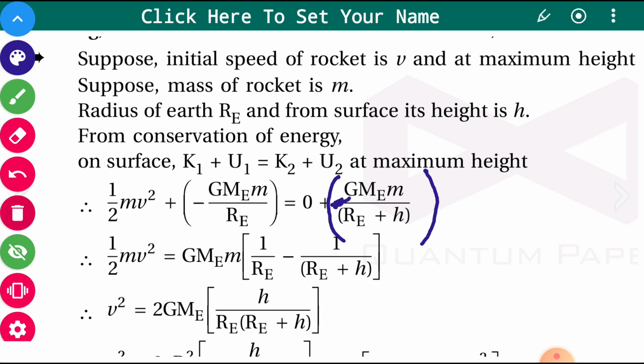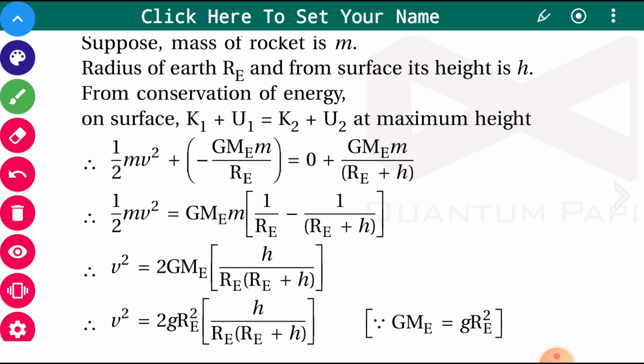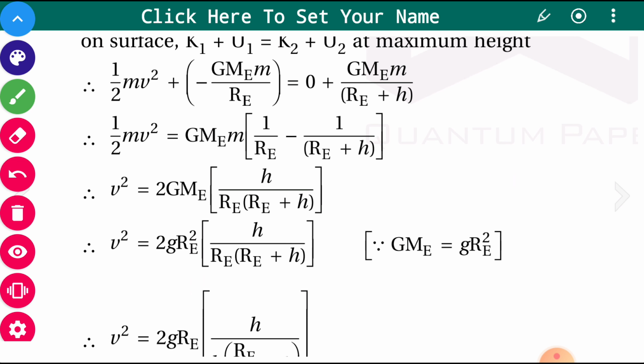Now, this term on the left hand side is taken to the right hand side and G M_E m is taken common. So it becomes 1/2 mv square equal to G M_E m times, 1 upon Re minus 1 upon Re plus h. Now, again we have to take the LCM in the bracket, and you simplify this, you will get h upon Re into Re plus h.